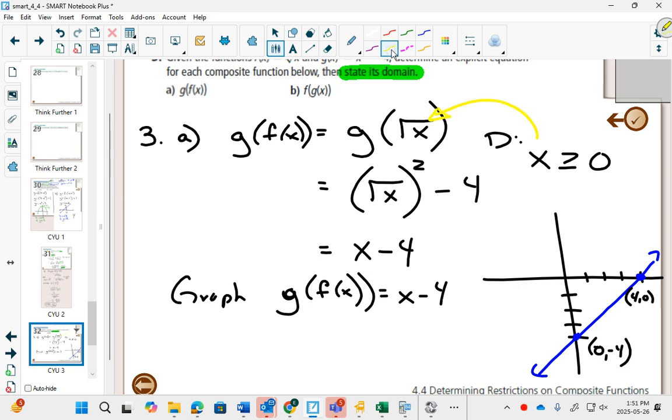The very first thing has a square root. Are you allowed to square root negatives? No. Even though the square root disappears because you square it, it goes away. But originally, there was a square root, which wasn't allowed. So on my graph, this whole part here is bad. This is my starting point, and it can only be when x is bigger than or equal to 0.